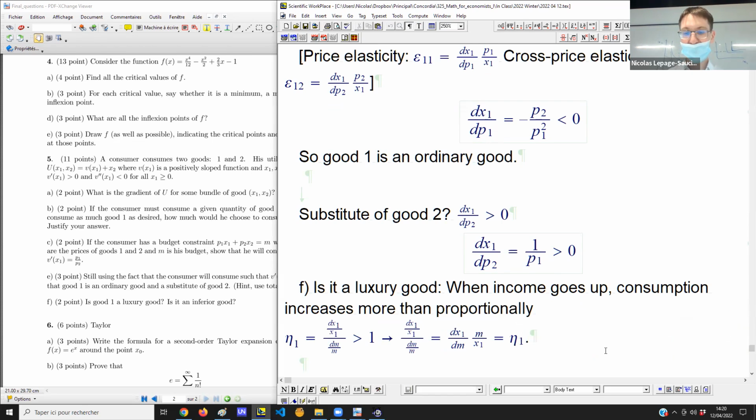So essentially what you have to compute is the elasticity of consumption with respect to income. And let's do that.